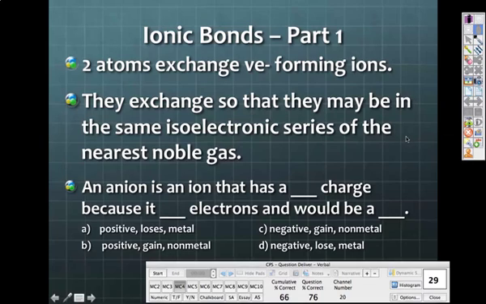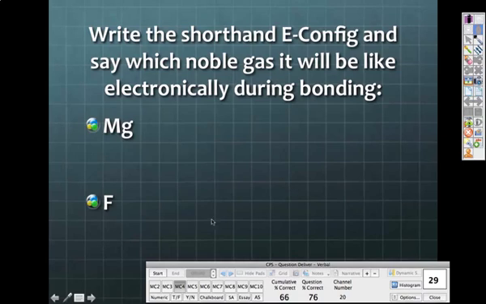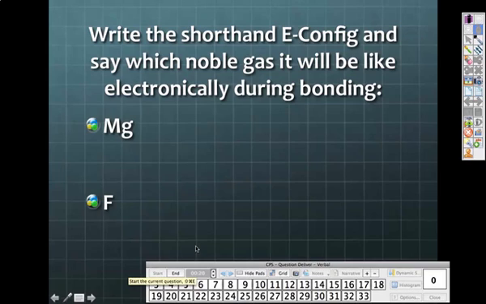Okay. So, I want you to write the electron configuration for each of these, and then write down which noble gas it would be like when it forms an ion. What I want you to do in your clicker, once you've written everything out, is write the symbol for the noble gas that it would be in the same isoelectronic series for.